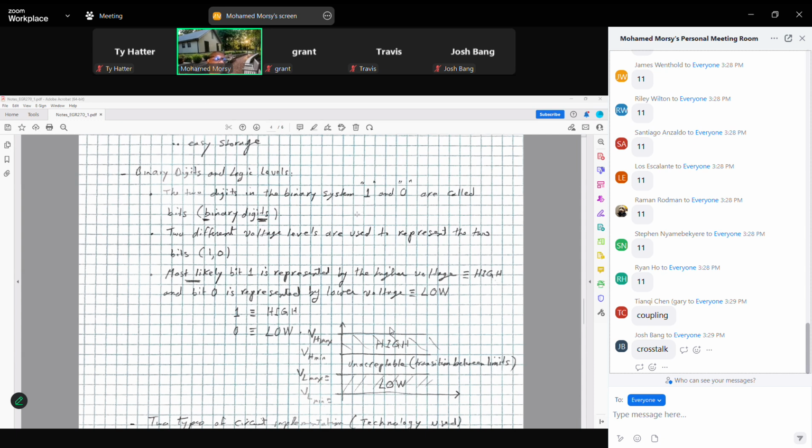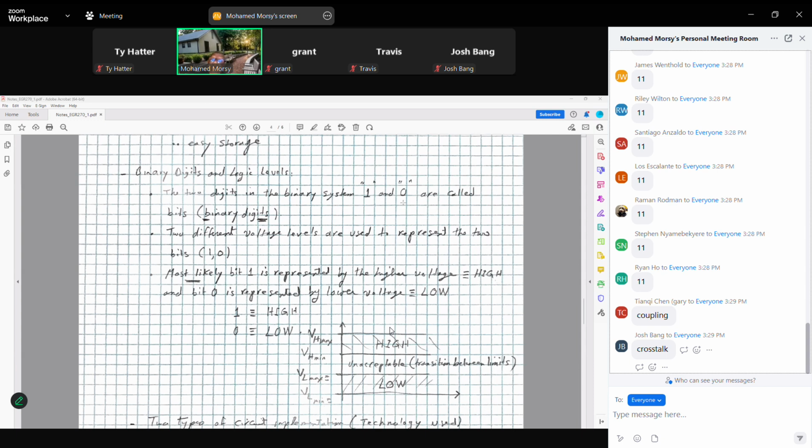So 1 is also called logic high. And this logic high, as I mentioned, is most likely between 5 and 18 volts. 0 is called logic low, which is another level of voltage.